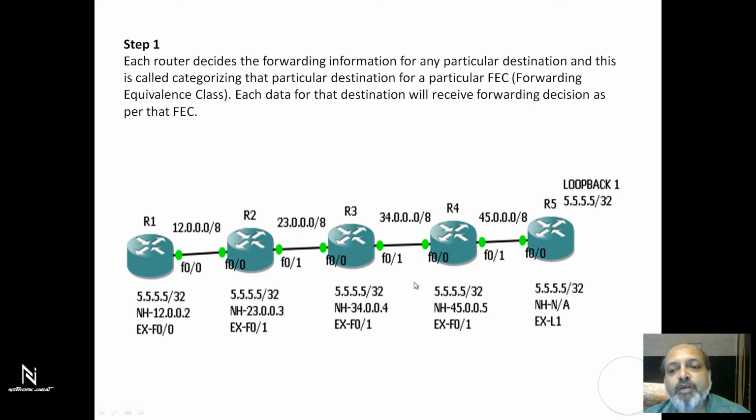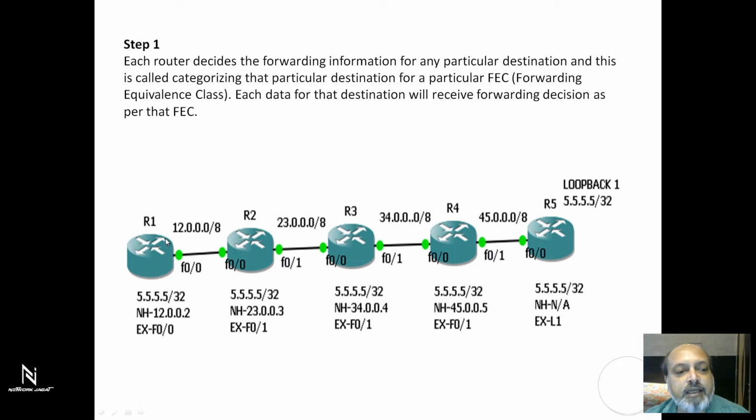Now, when we are considering the edge LSR, we have to remember two other terms. One is the ingress edge LSR, and another one is the egress edge LSR. Ingress and egress. So what is ingress? If a data is traveling from router 1 to router 5, in that case router 1 is actually putting that data into the MPLS domain.